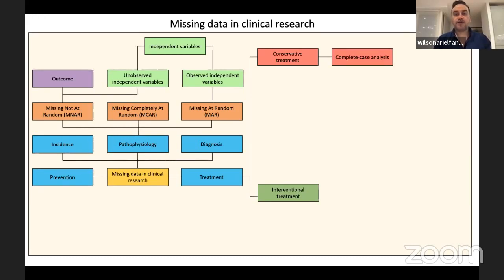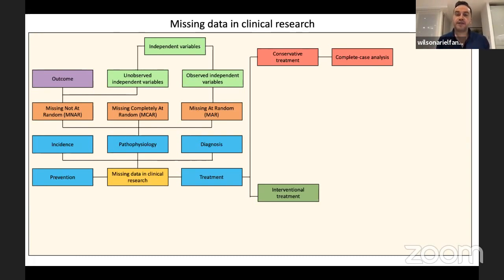So what do I mean by conservative treatment? This is called a complete case analysis. That basically means that you are not doing anything, and you are just going to analyze your existing data. You don't care about the missing data, and that's it. So this is a conservative treatment. Is it appropriate? Definitely not. But this is the definition of the complete case analysis, and this is why I would like to bring this to the discussion.